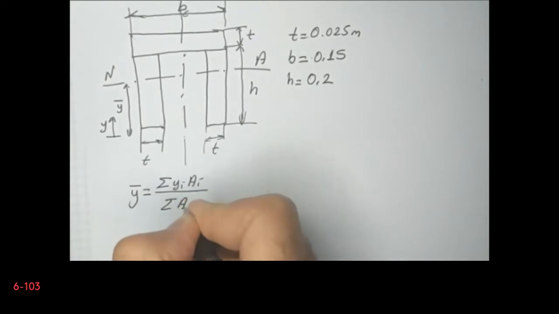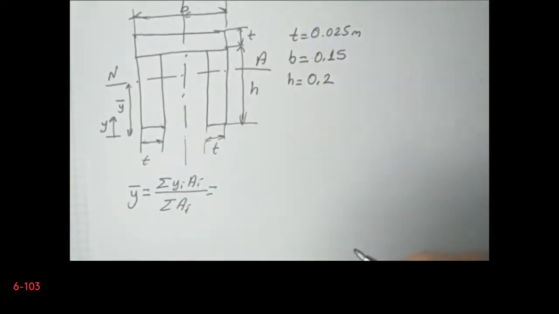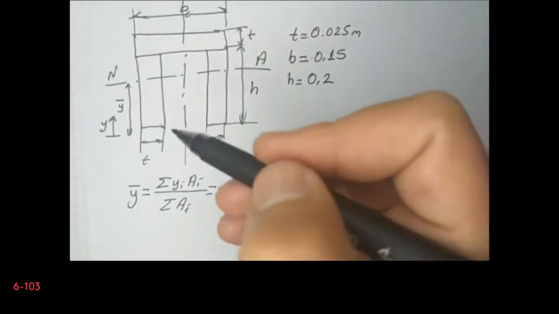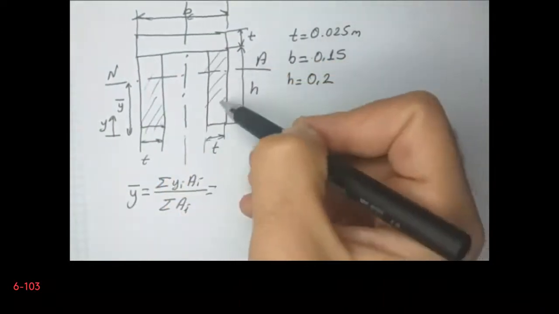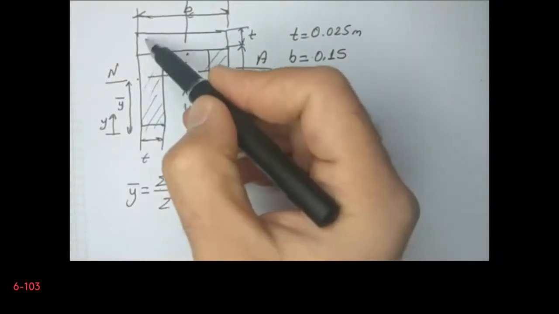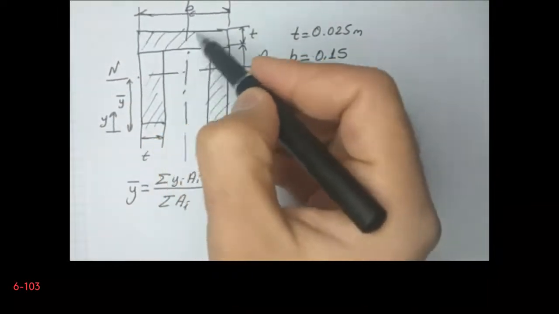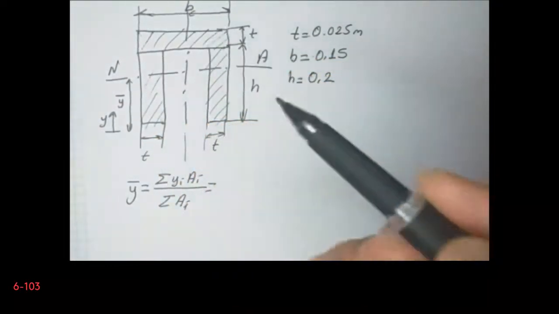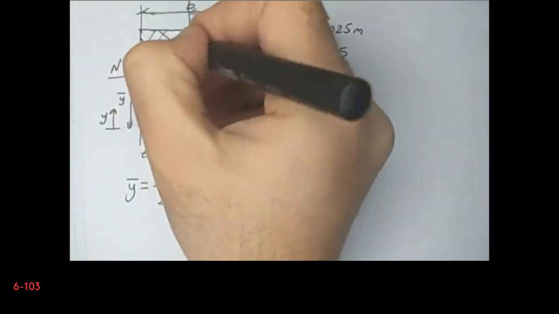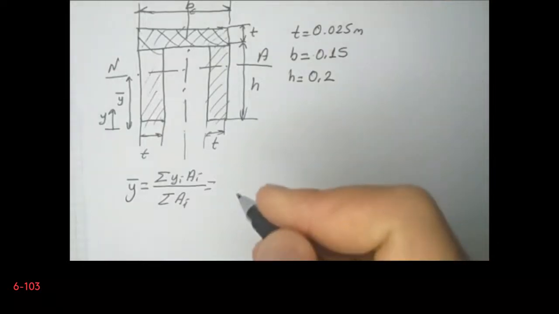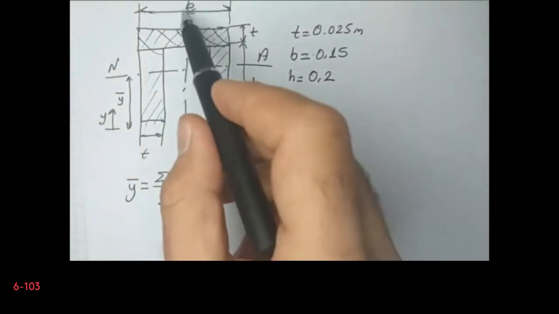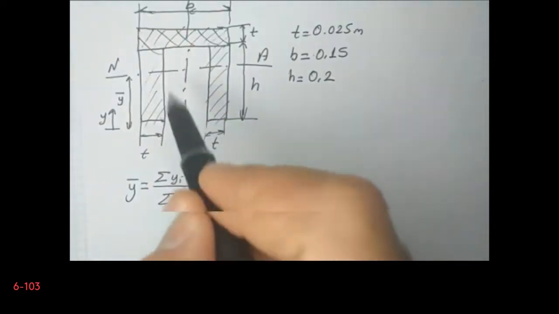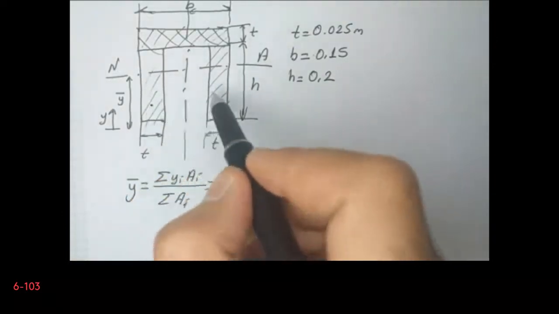Now we have three areas. As we see, three regions. Therefore, since the cross section is vertically symmetric, I will begin from these two areas. So multiply it by 2.